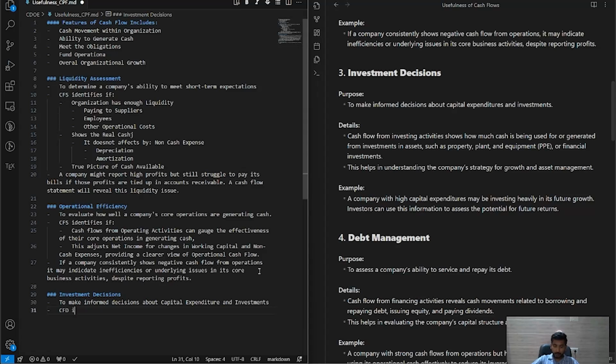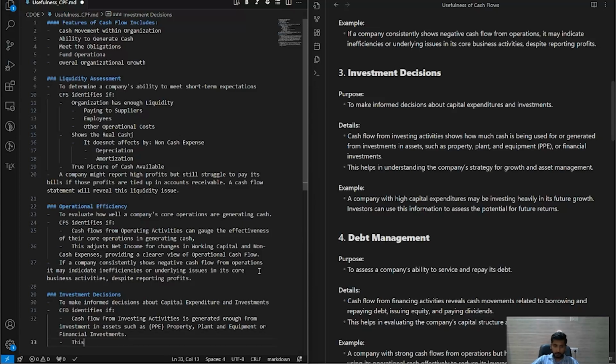CFS identifies if cash flow from investing activities shows how much cash is being used, or is generated enough, I should say, from investment in assets such as PPE, that is property, plant and equipment, or financial investments.